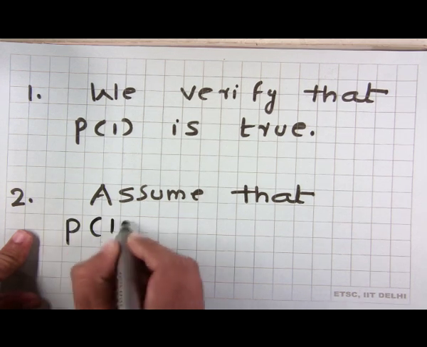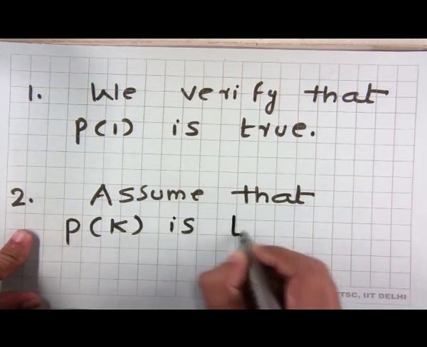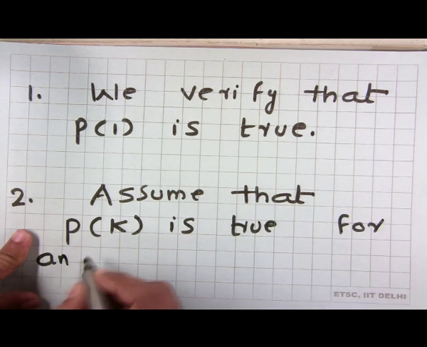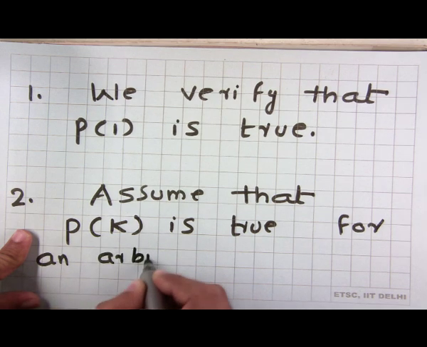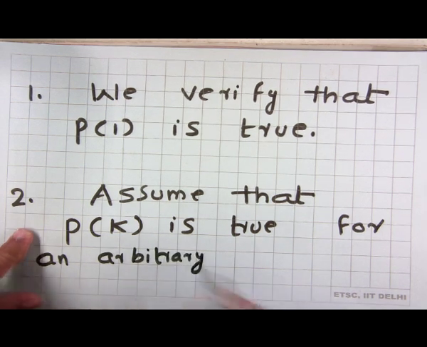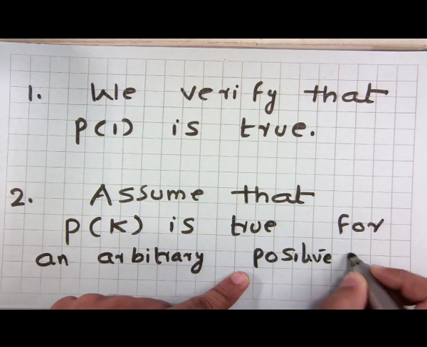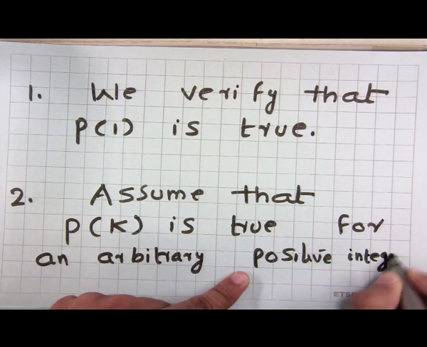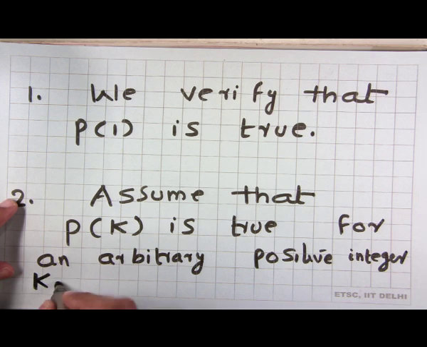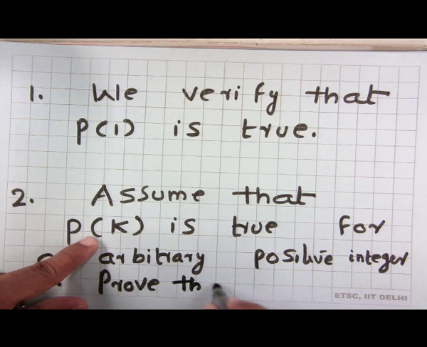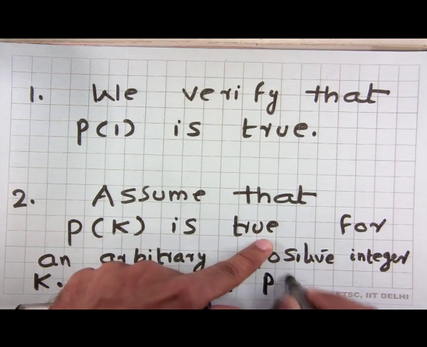Assume that P of k is true for an arbitrary positive integer k, and prove that P of k plus 1 is true.